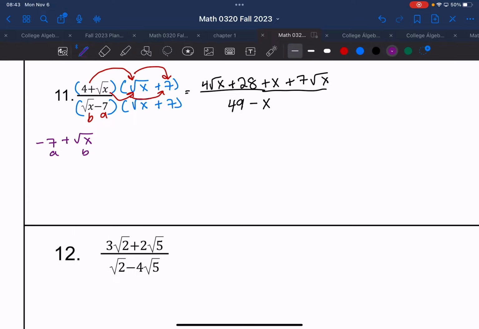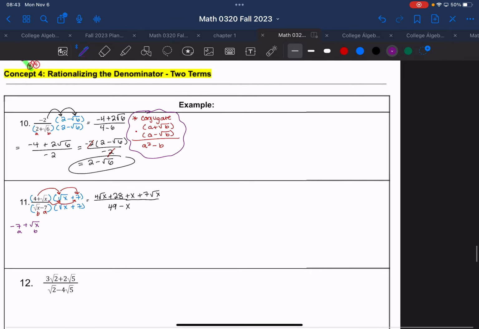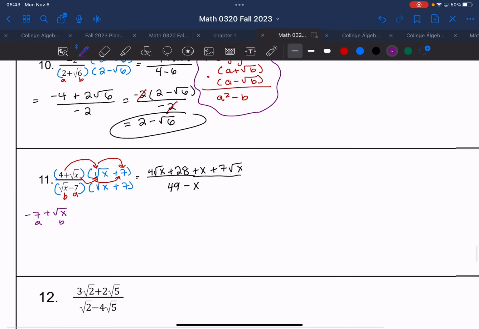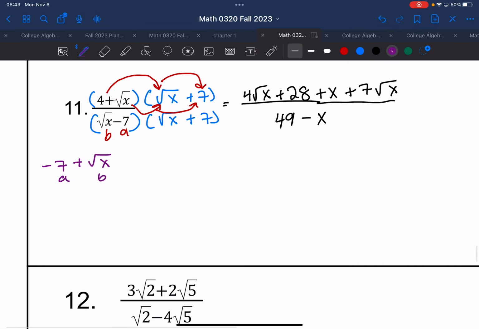So it's going to become, wait, did I miss something here? That gives me the same. Yes, this is going to give me, because my a is only this 7, -49 plus x.